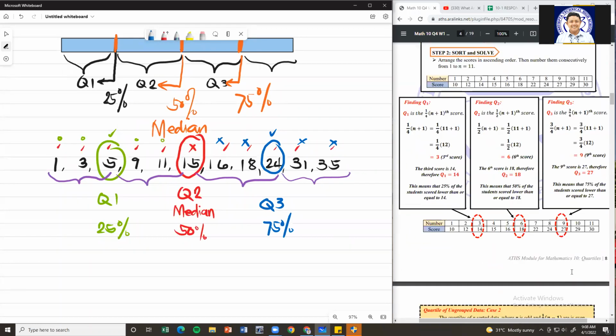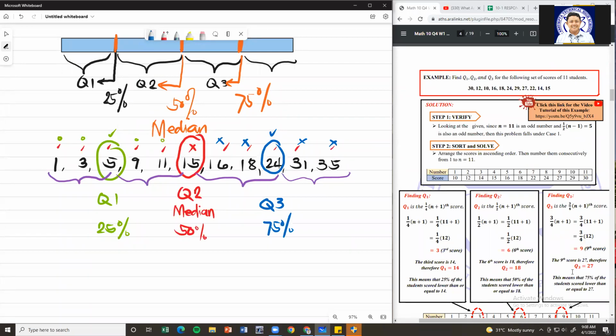So if quartile 1 is 5, it simply shows that 25% of the learners, if these are the scores of the 10-1 learners, got scores lower or equal to 5.